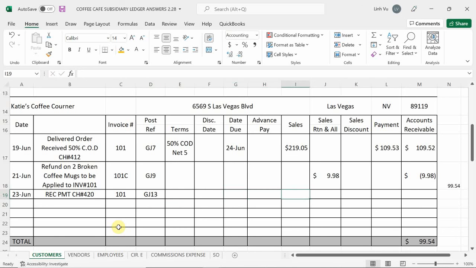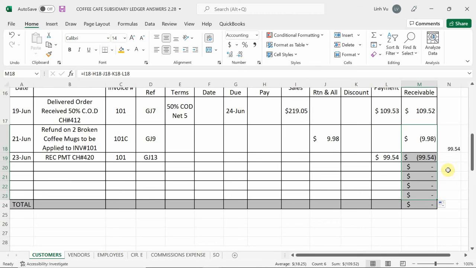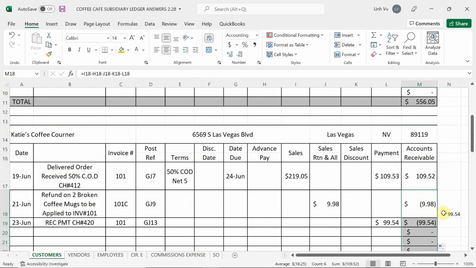And we received a payment of $99.54. So if you did your formula correctly, it should show a minus $99.54, and guess what? She paid it off because from our notes here, she owed me $99.54.